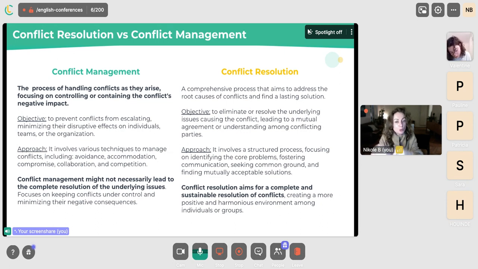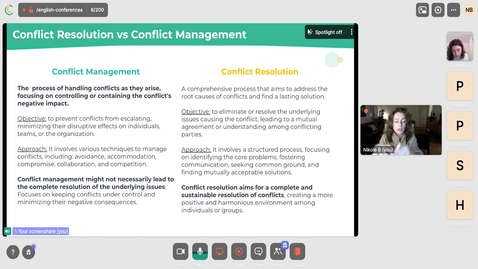The approach we use for that starts with first identifying the core problems, and we're going to look at this in more detail with a step-by-step process. But a lot of it comes from fostering good communication in your teams, looking for common ground and understanding, and finding solutions that are mutually beneficial.